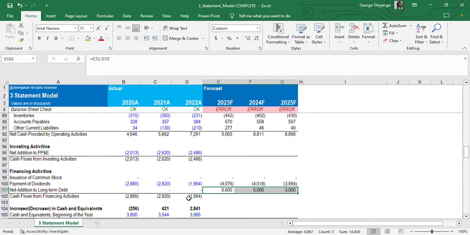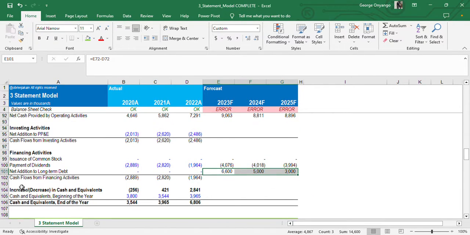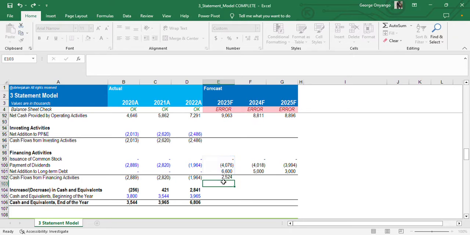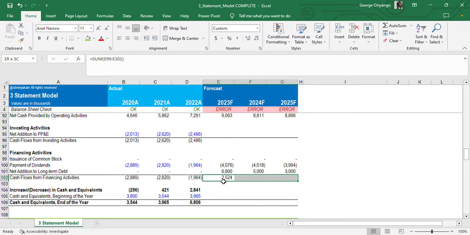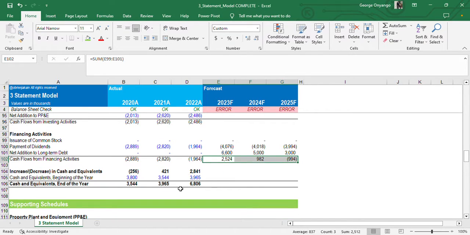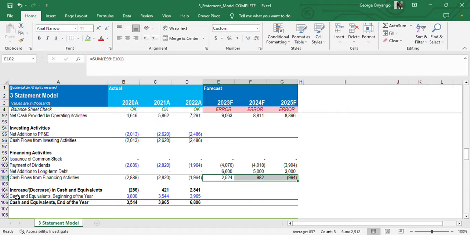So those are going to be the difference. Now to get the cash flow from financing activity, just going to get alt equal, and those are going to be the values, the cash from the financing activity.